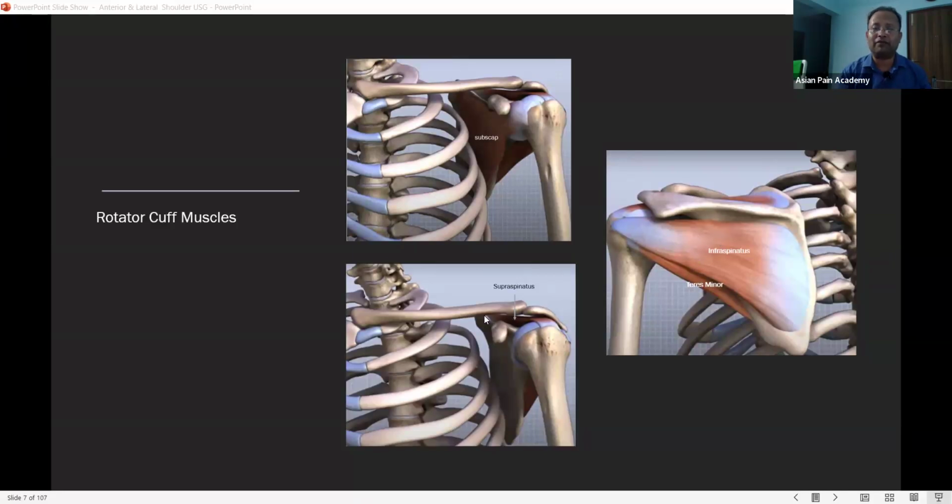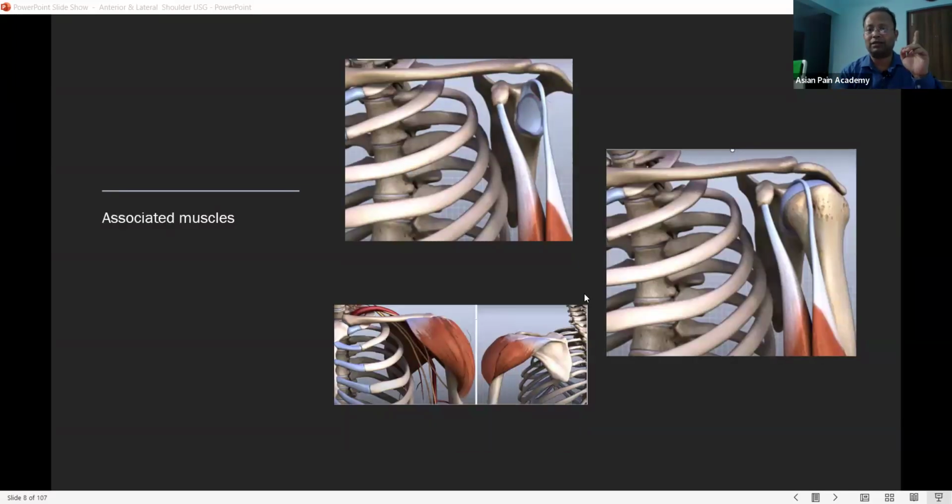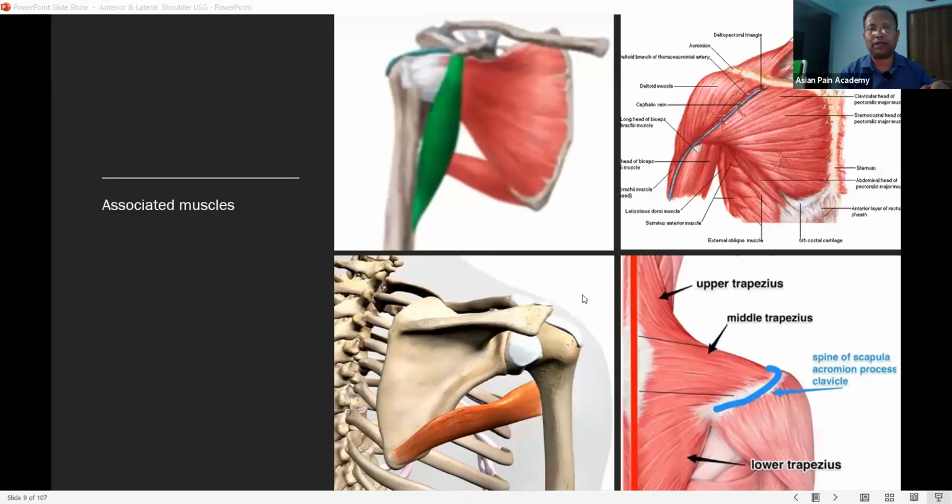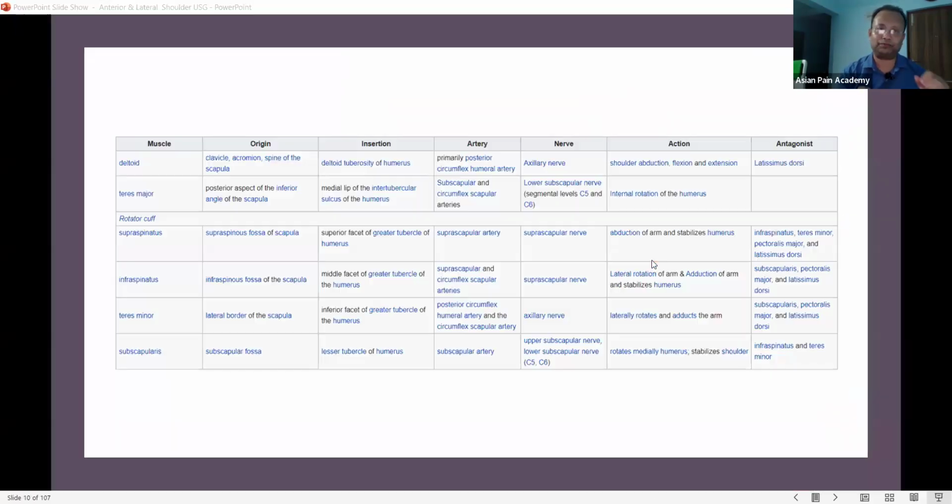From the front side, in some part we will see the subscapularis. So supraspinatus, infraspinatus, teres minor, and subscapularis are the main rotator cuff muscles, and the related muscles we have already talked about are deltoid and trapezius. Other is the biceps muscle, and then come teres major, coracobrachialis, and pectoralis.